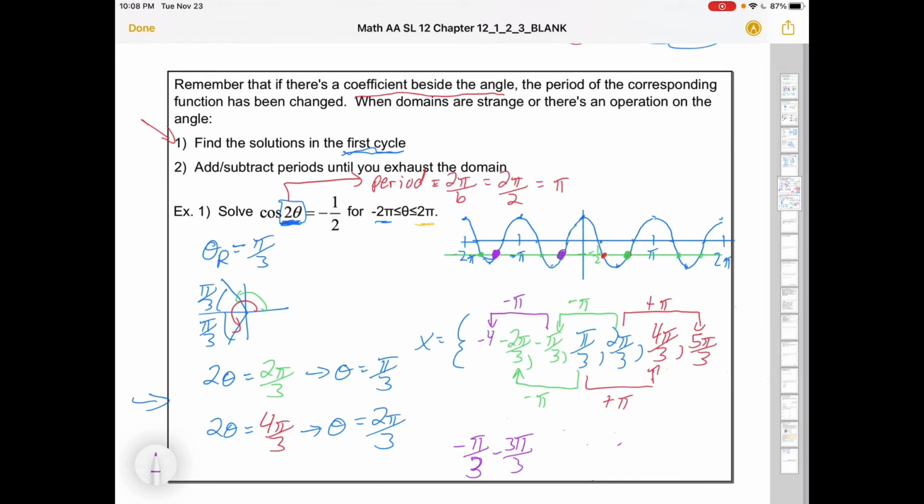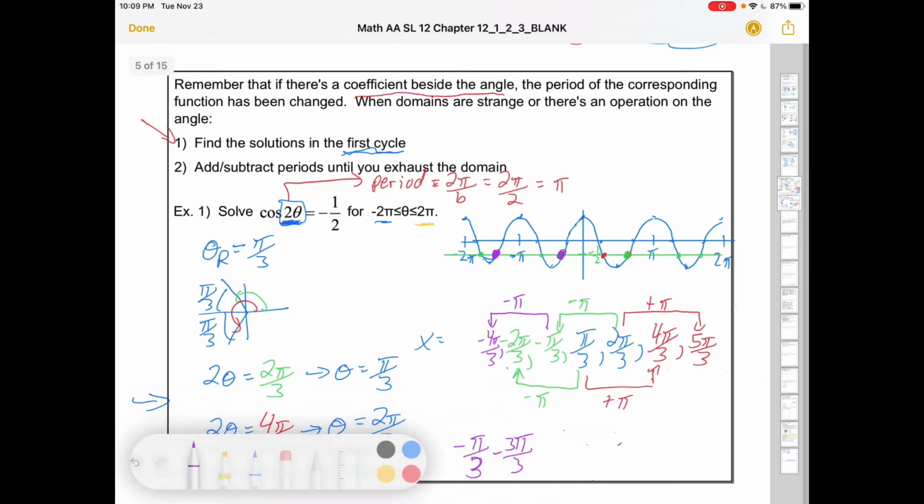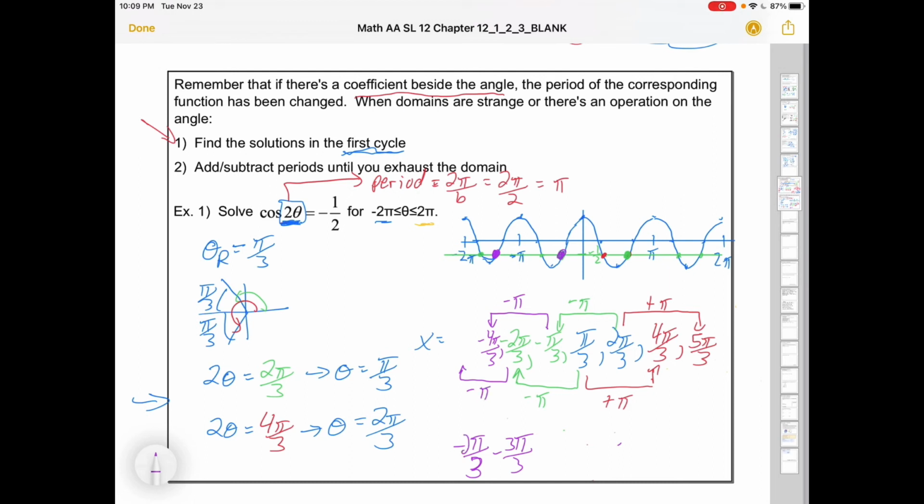Hey, yo, I get negative 4 pi over 3. And I should have made myself a little more room. I'll put that brace bracket in again in a second. And this one, I'm going to subtract off pi again. So that'll be negative 2 pi over 3 minus 3 pi over 3, or negative 5 pi over 3.